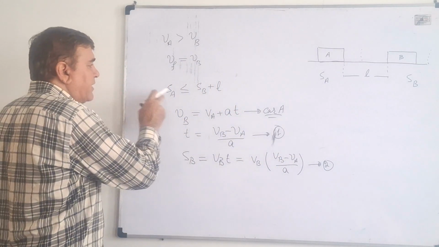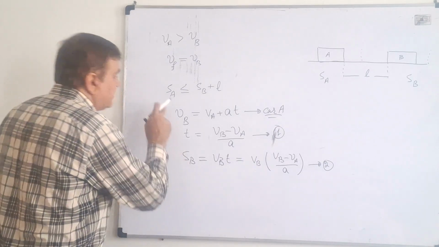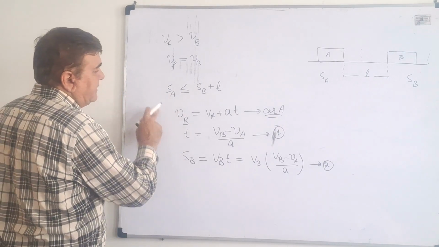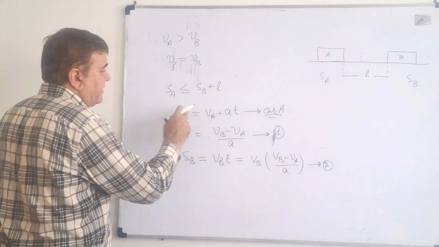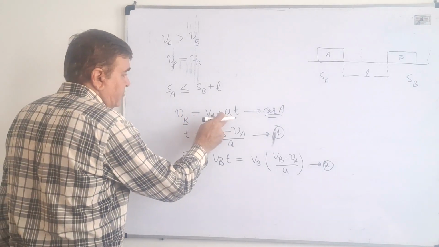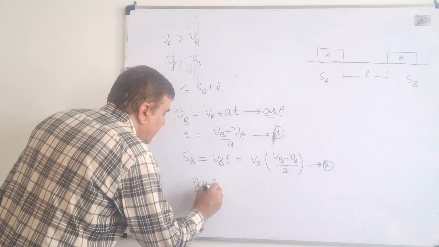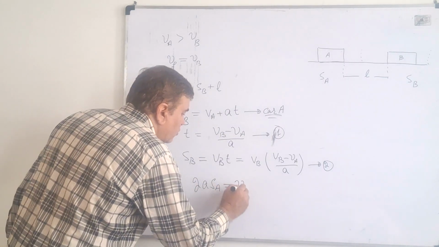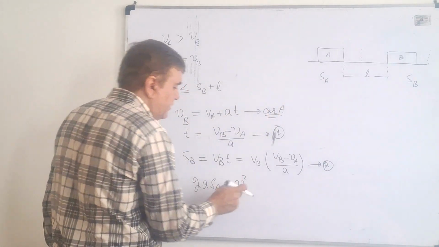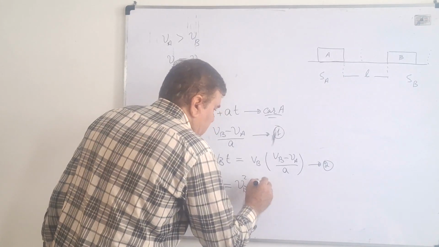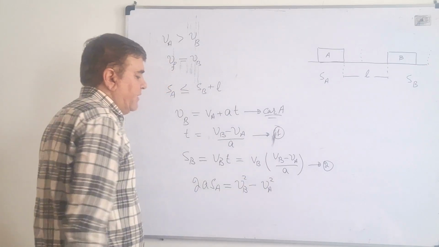The distance covered by car A in this time, since we know the final velocity to be VB and the initial velocity, can be written in terms of acceleration: 2A times SA equals VB squared, the final velocity of car A, minus VA squared, the initial velocity.